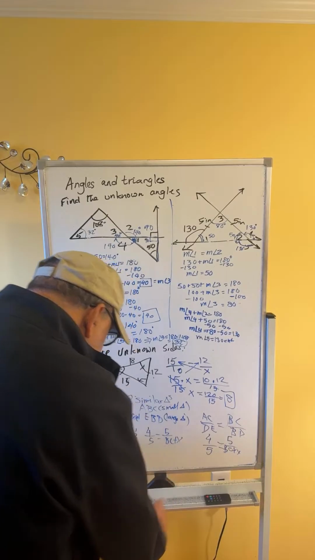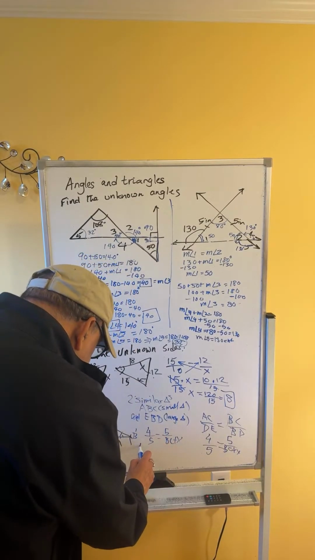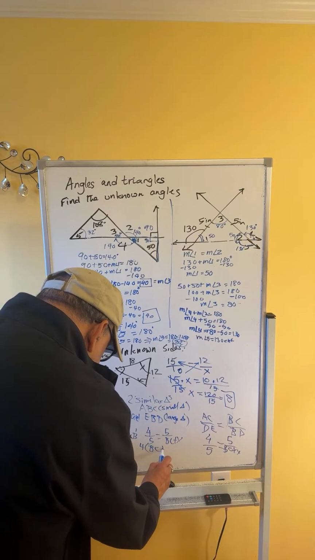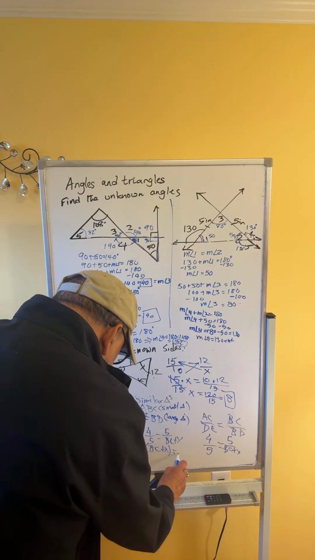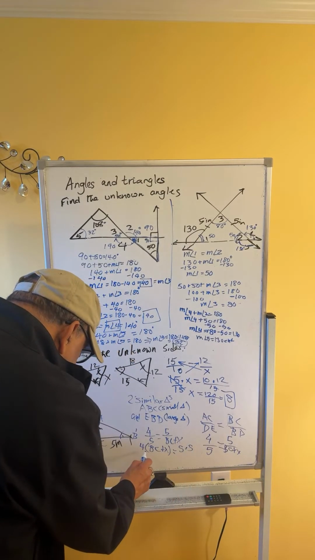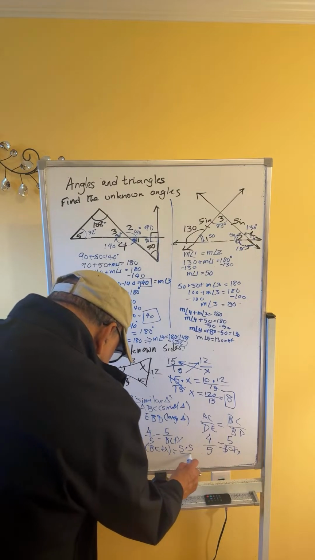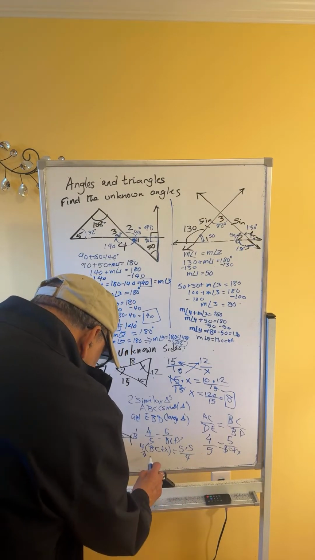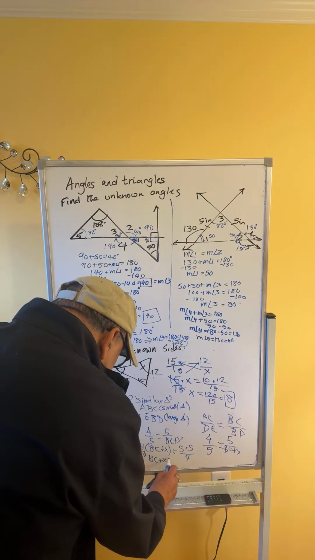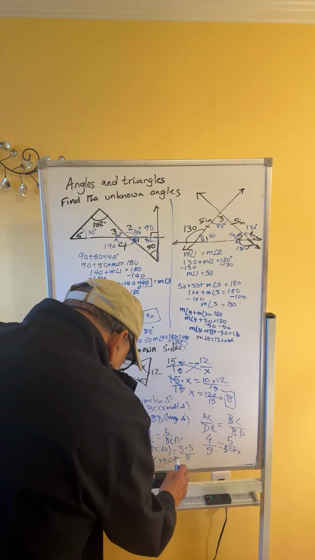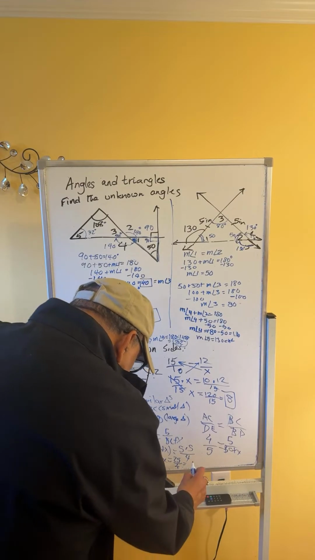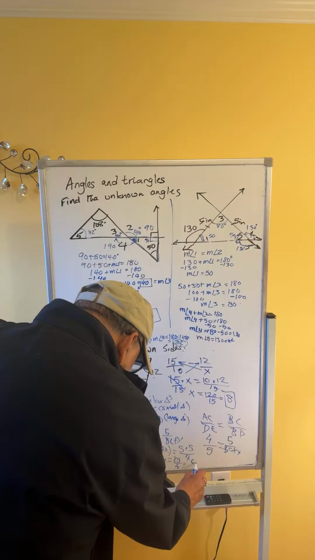Okay. Now let's do the cross multiplication. So we get 4 times BC plus X is equal to 5 times 5. Now divide by 4 on both sides. So BC plus X is equal to 25 over 4, which is 6.25.